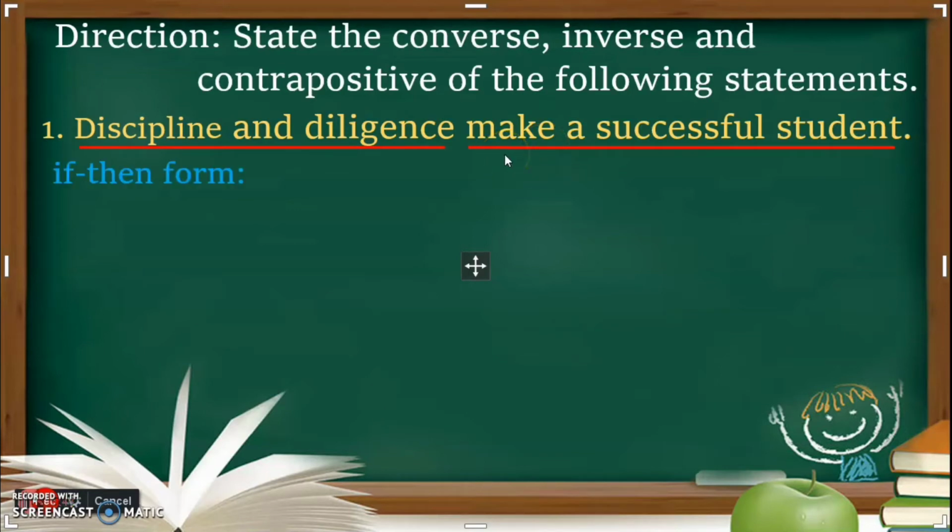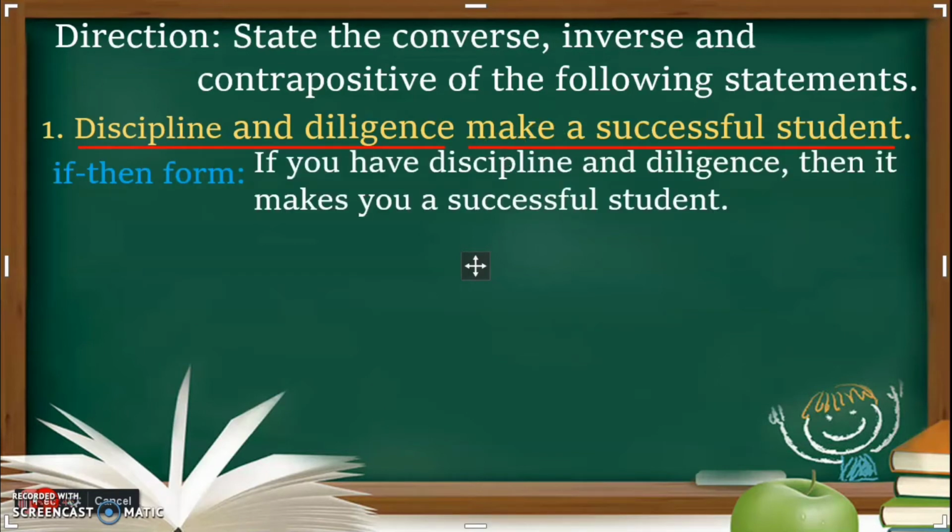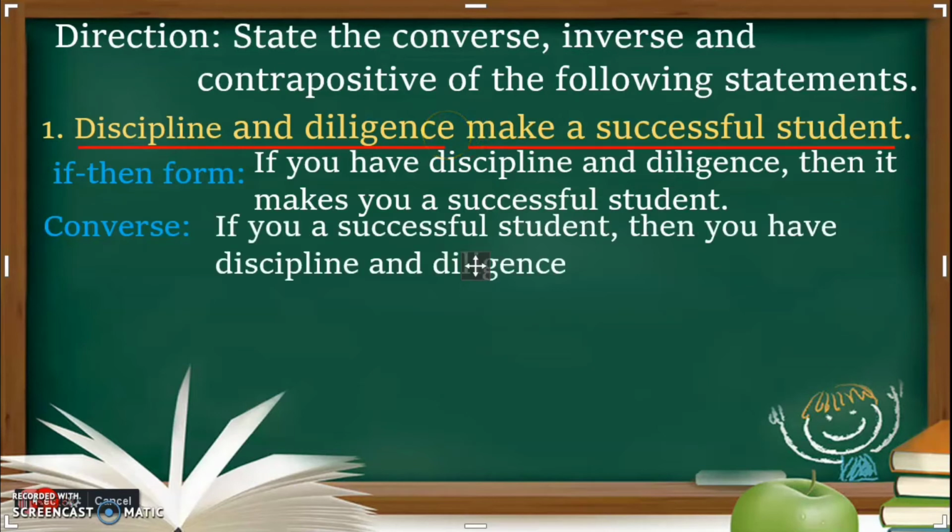Okay, so if you have discipline and diligence, then it makes you a successful student. Converse, ang converse, baliktad lang na if-then. If you are a successful student, then you have discipline and diligence.